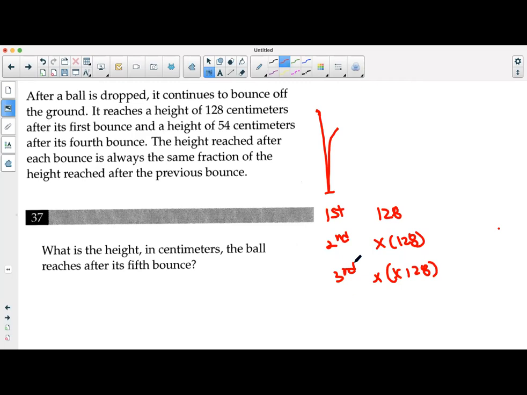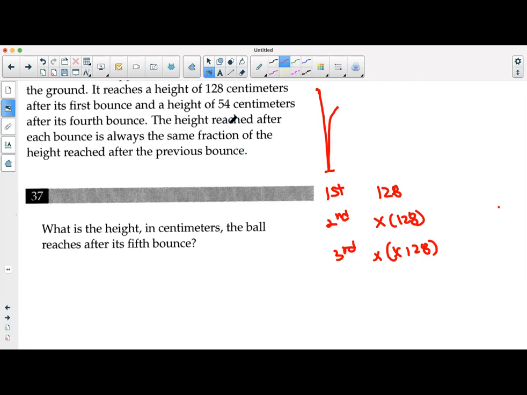And then after the fourth is another x times of these, so we get x cubed times 128, which is in fact equal to 54. In this way we can figure out the value of x. So what do we get, guys? x cubed is equal to 54 over 128.